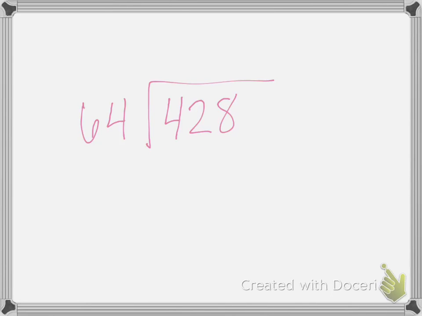So I have to take 64 into the whole 428. Now, I don't know my 64 facts, and I don't know about you, but I need to write them out. So when I do this, I just go to a different area of my paper and try to figure out what 64 times what is closest to 428. So I'm going to do it over here.